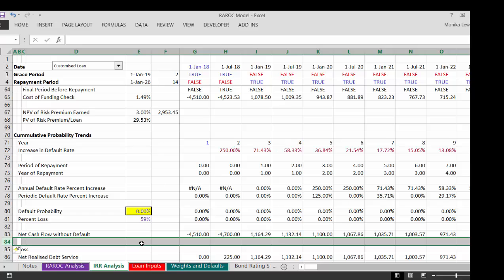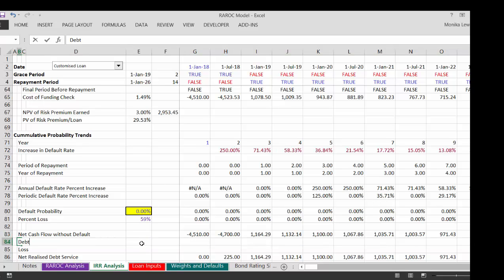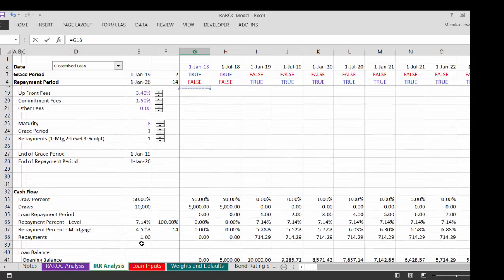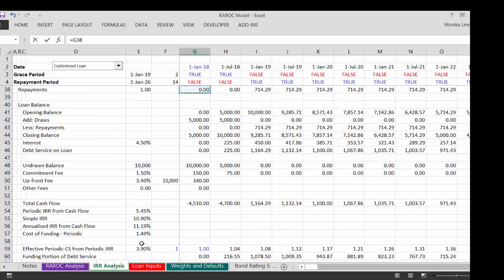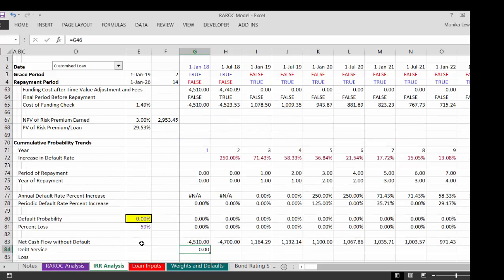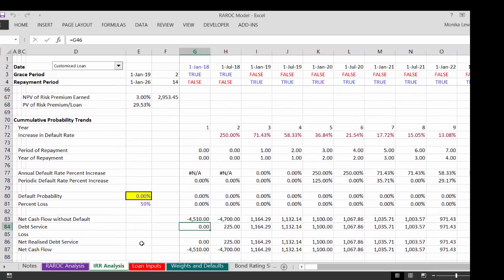Why don't we put the debt service here? I was debating we could just use the cash flow and figure out when the debt service starts, but it's better to be lazier and read in the debt service, and then the loss is the percent loss times the debt service.